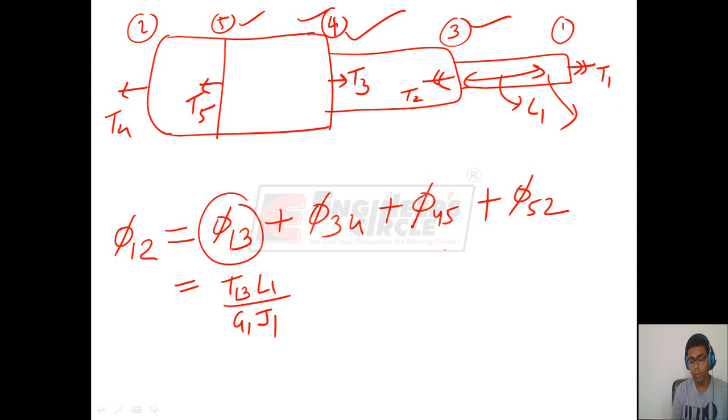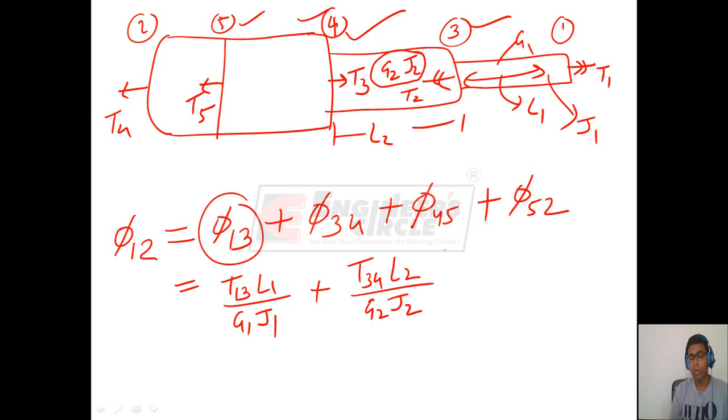Suppose the polar moment of area of this portion L1 is J1 and it is made up of some material G1. And similarly, phi 3 4 can be written as internal torque in 3 4 into length of 3 4. Length of 3 4 was L2, so it is T L2 by G2 into J2. Suppose this is of material G2 and its polar moment of area be J2.